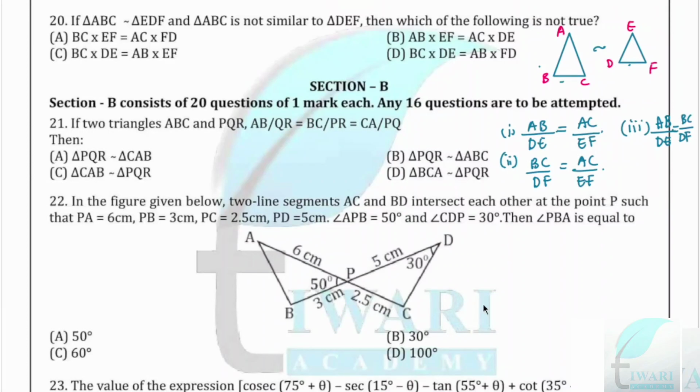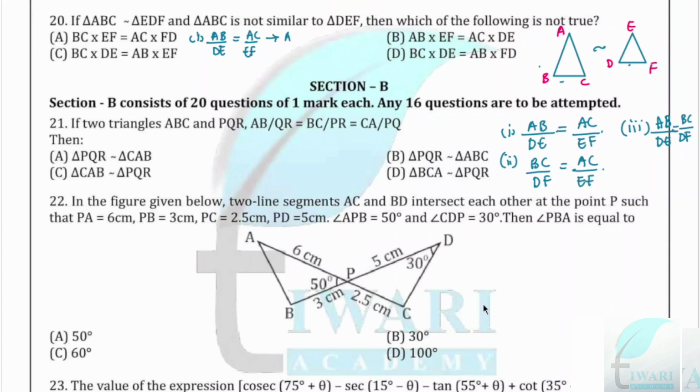So from 1, 2 and 3 we can write, from equation 1, AB by DE is equal to AC by EF.